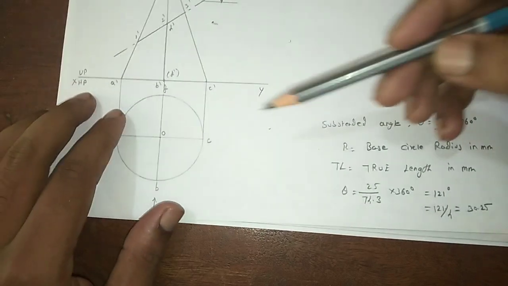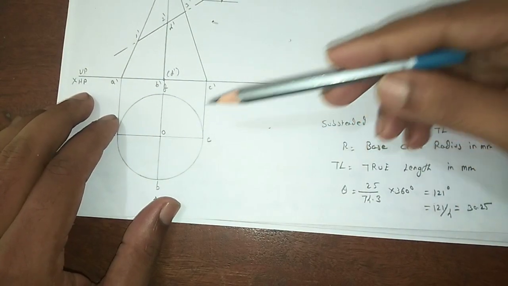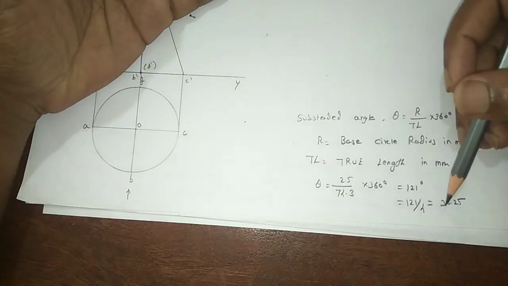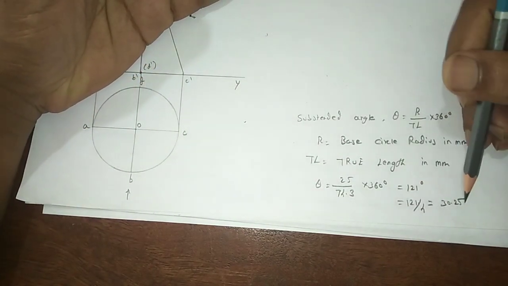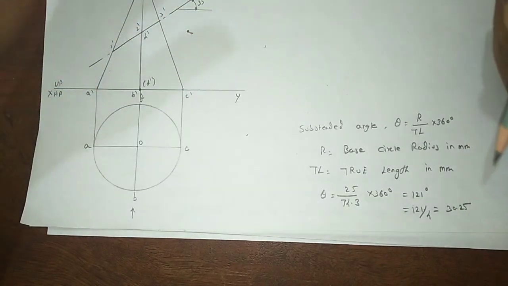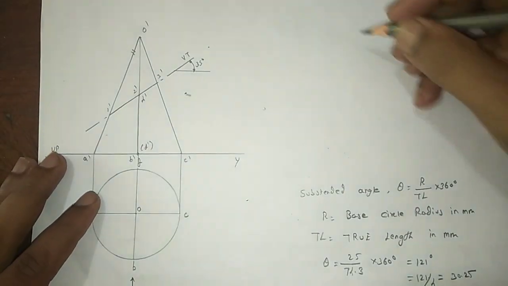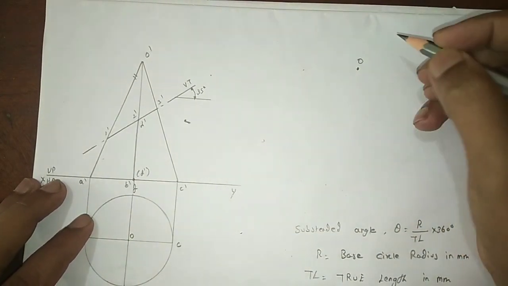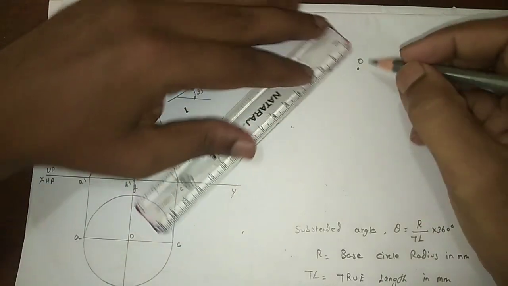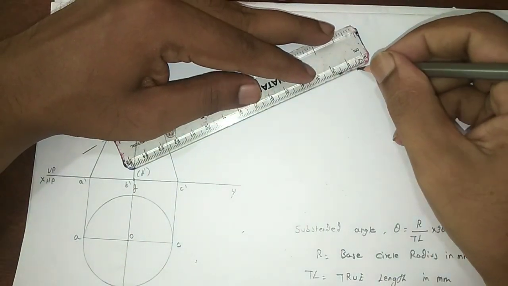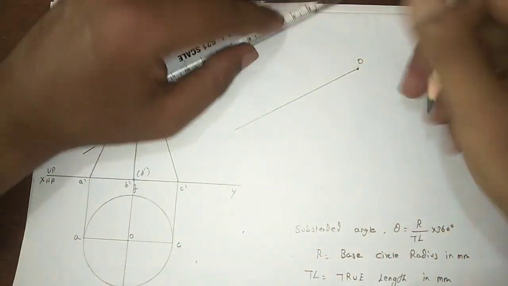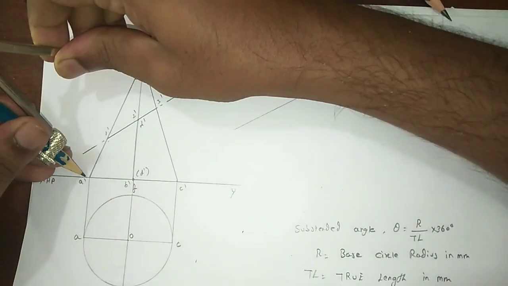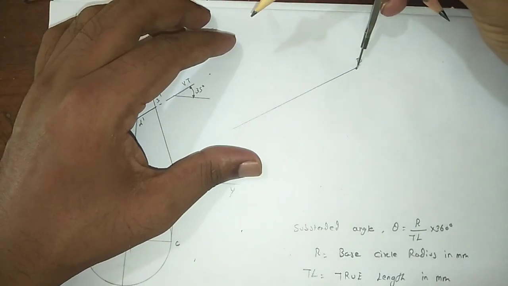And here we divide this circle into 4 equal parts, so that we also divide the developing portion of the cone into 4 equal parts. So 121 divided by 4, we get 30.25 degree. So first mark one point. The point name is O, and first draw one straight line at any angle. Next take the compass and measure the distance of O and A, and place the compass here.